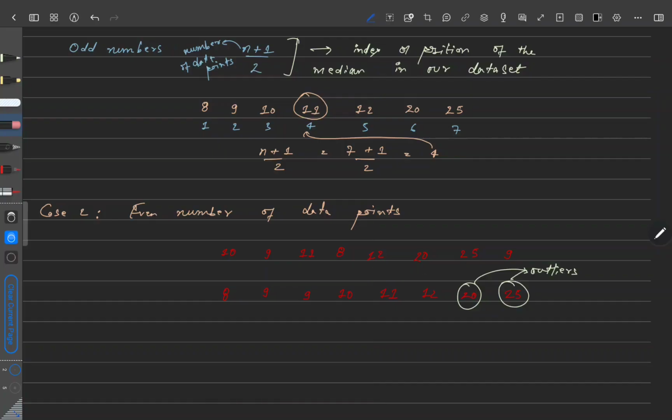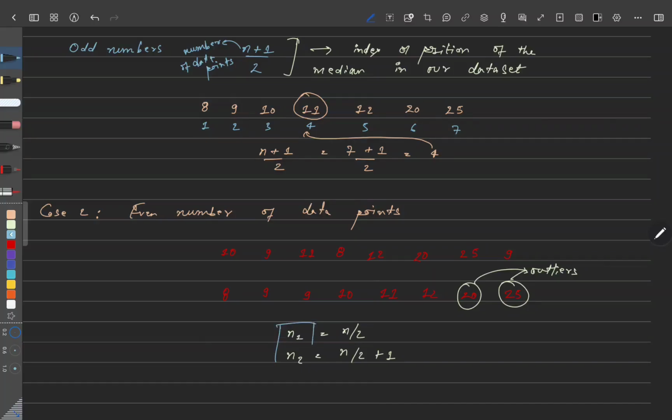So what do we do? The formula when we have an even number of data points is n1 is equal to n by 2, n2 is equal to n by 2 plus 1. What are these n1 and n2?